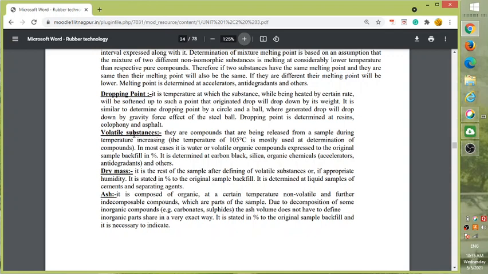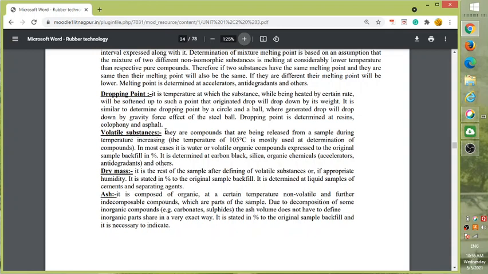So colophony is a rosin, also called colophony. It is a solid form of resin obtained from pines. And asphalt is bitumen. It's a sticky black, highly viscous liquid or semi-solid form of petroleum, bitumen.